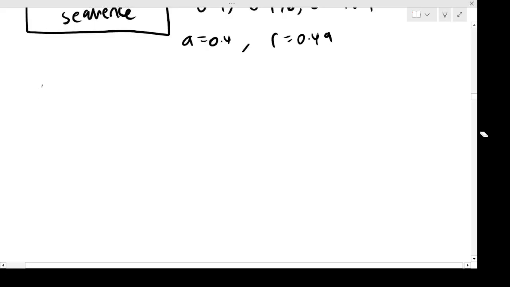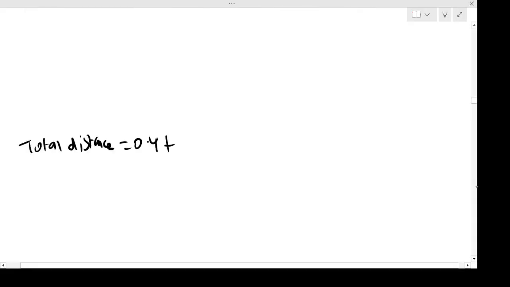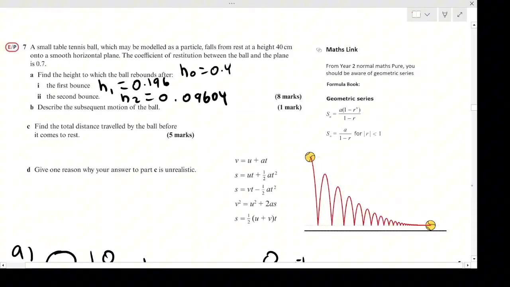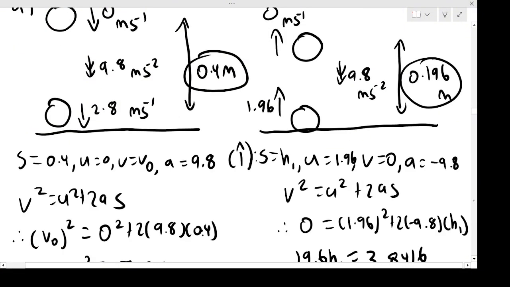I'll do it down here. The total distance is going to be my original 0.4, and then think about it. Use this diagram to help. So initially I drop down, but then I'm going to bounce up, then I'm going to bounce down by the same height.